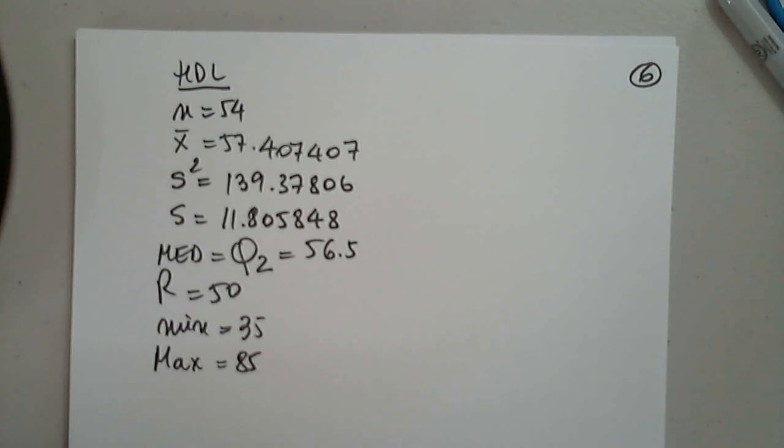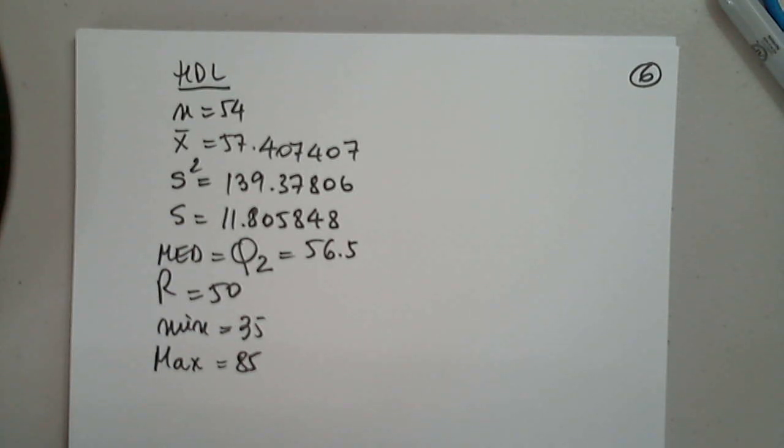I want the mean, which you already know is 57, and the median, which is 56. Okay, fine. And what else do I want? Yes, I can label them. I can say the x-axis is HDL. And I want the y-axis to be percentages.